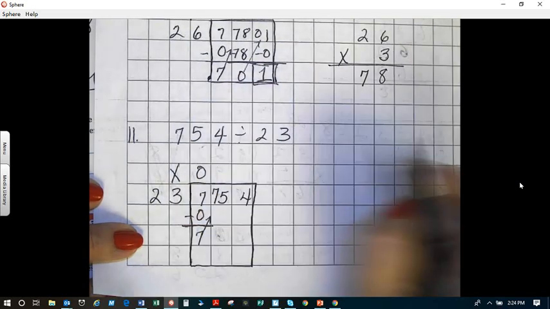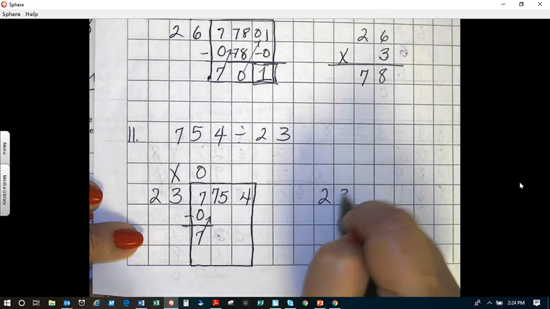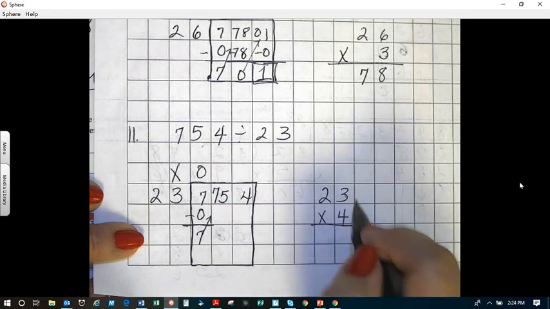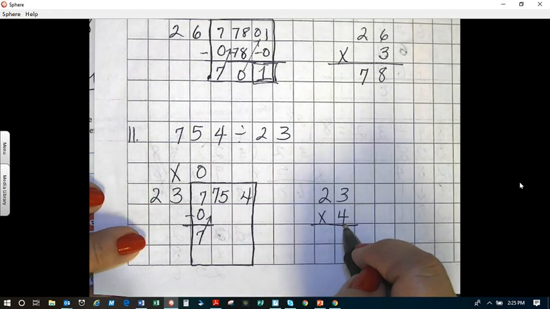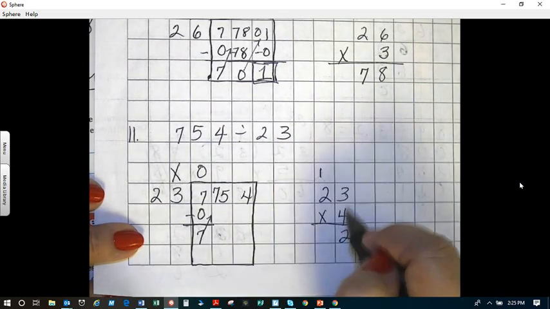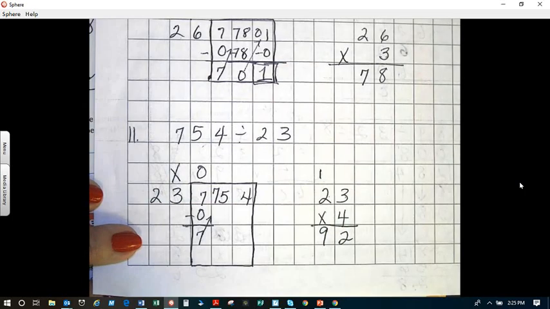How many groups of 23 can get close to 75 without going over? Well, let's try 4. 4 times 3 equals 12. Regroup my 1. 4 times 2 is 8 plus 1 is 9. 92. A little too big.